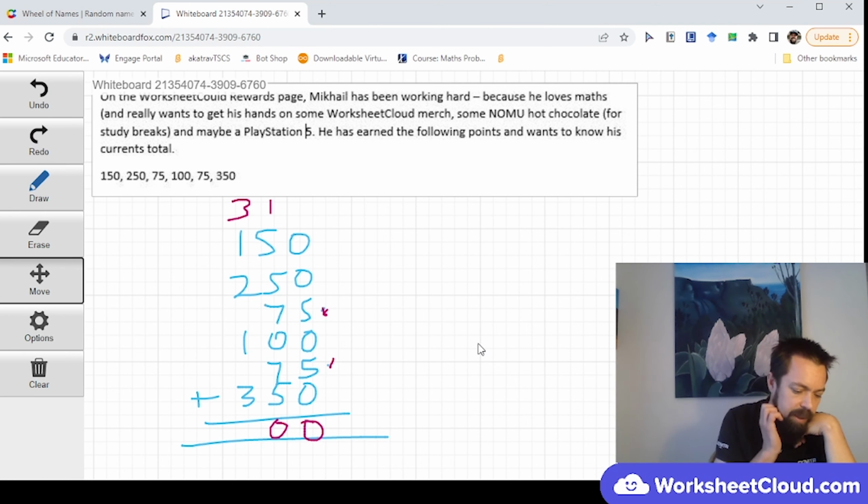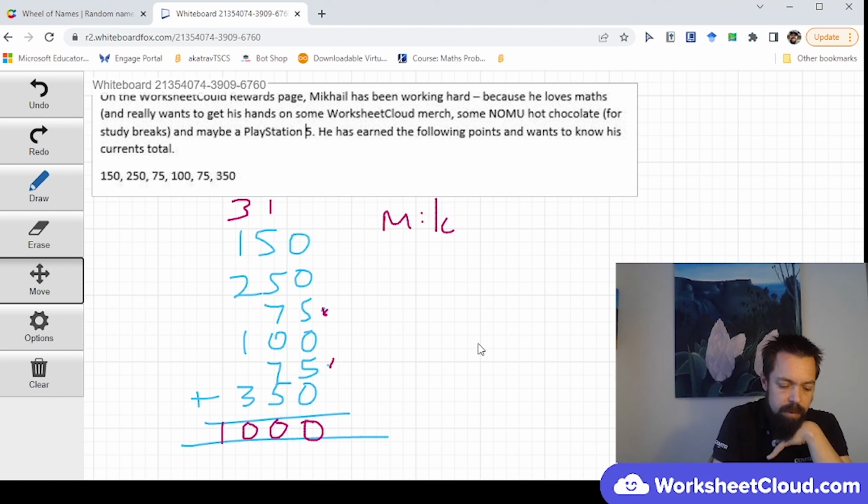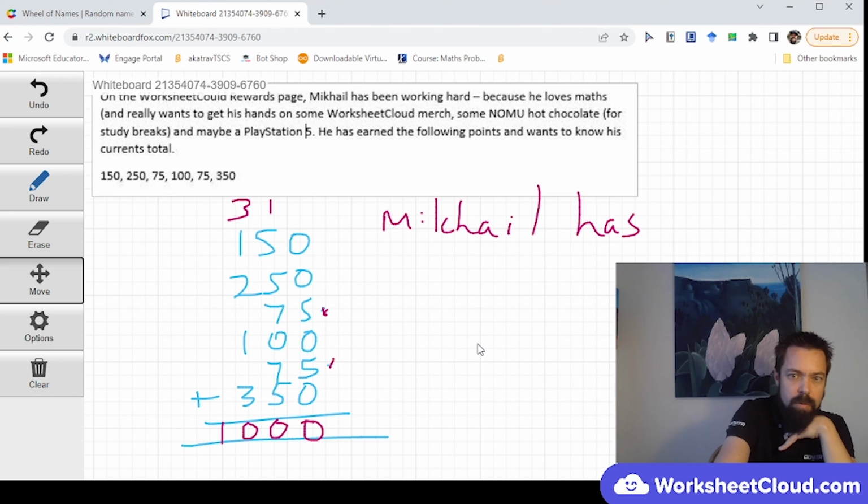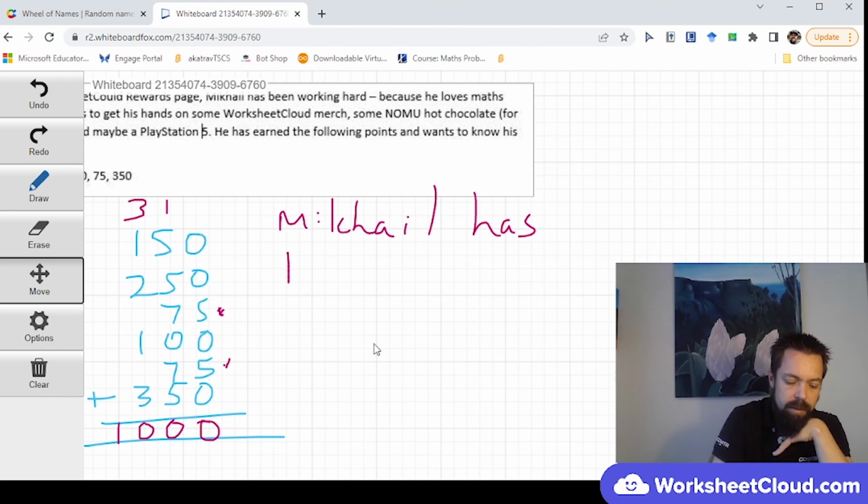Carry my 3 from the 30. 3 plus 1 plus 2 plus 1 plus 3 is 10, so it's 1,000. So, oh, I didn't write my number sentence, but you would write all of those numbers plus together. And then we can say that Mikhail has 1,000 points.